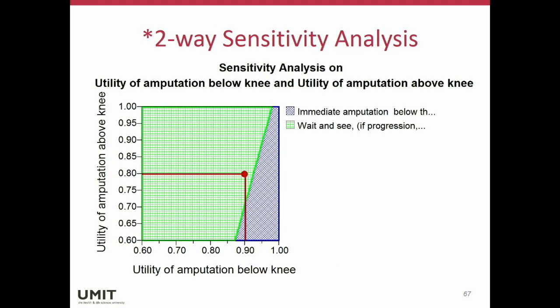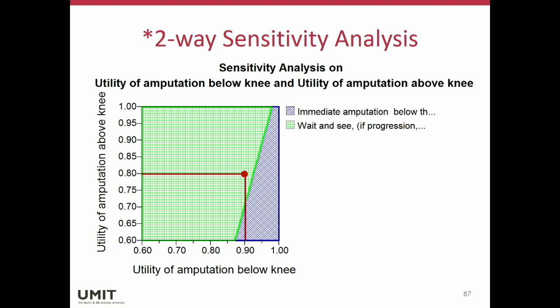We do the same for a two-way sensitivity analysis. In this case, the utility of amputation above and below the knee. The red dot shows us where my base case analysis was, the original result. And the areas show me, if I now change my utilities of these two amputations, as long as I'm in the green area, I should still continue to do the wait and see.